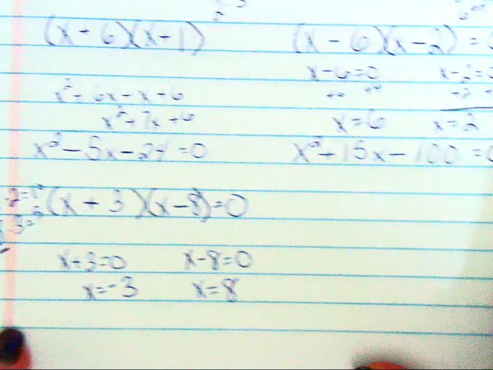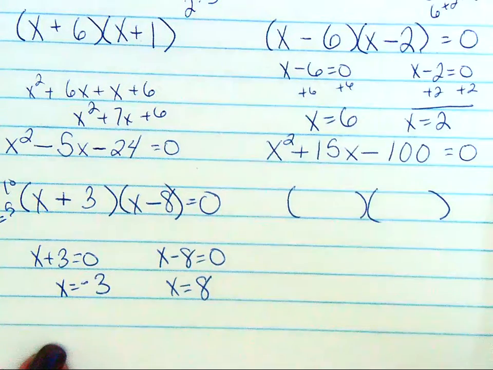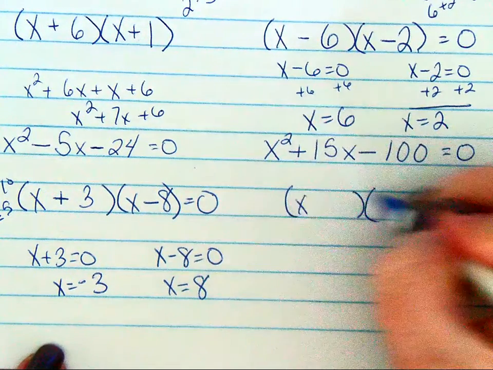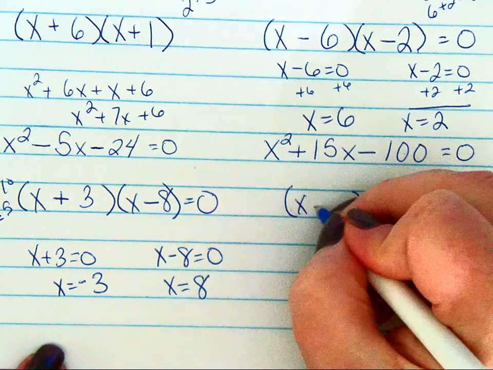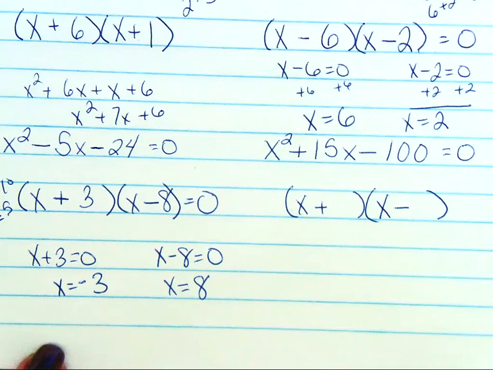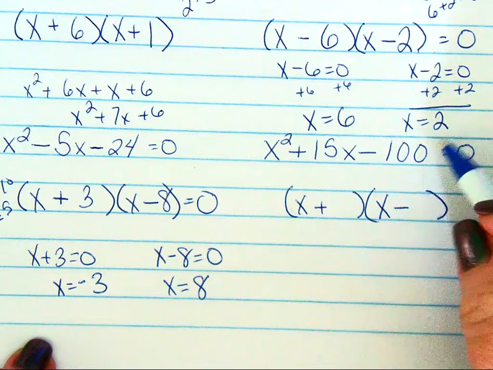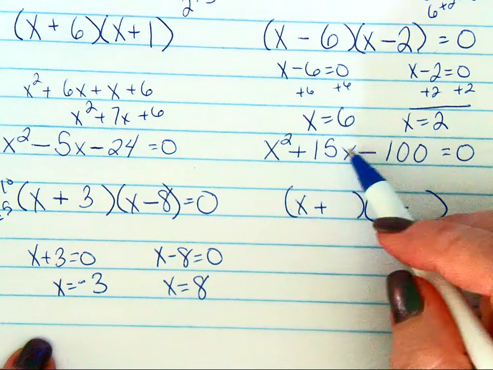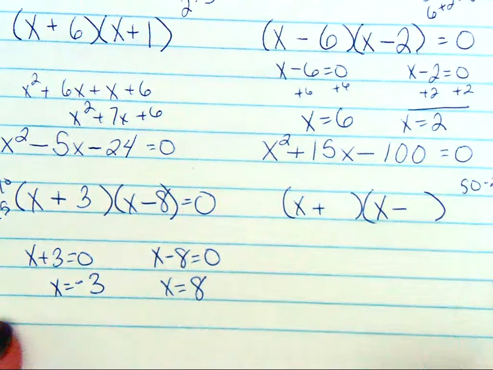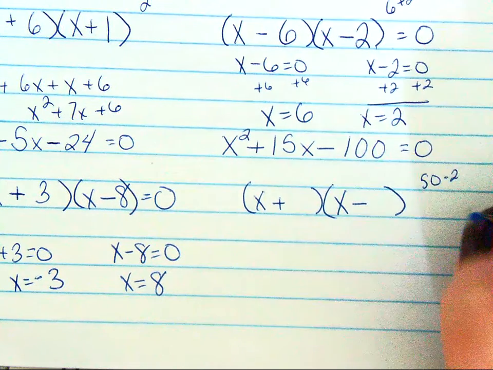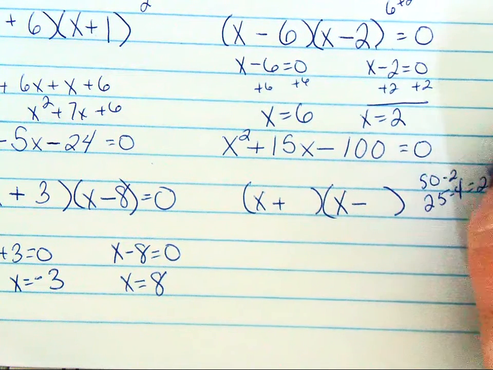The last one that I'm going to factor, I separate out my x's. The last term is negative. That means that I have one positive sign, one negative sign, one plus, one minus. And I have to say to myself, what are the factors of 100 that when I subtract them are 15? Well, if I have 15 minus 2, that does not give me 15. If I have 25 and 4, that gives me 21, so I get closer.